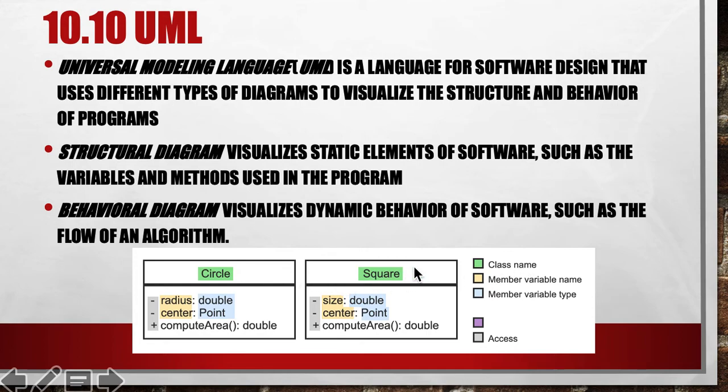You declare the class name first, and then you have member variables, in terms of a circle, radius and center point. That's how you design a program.